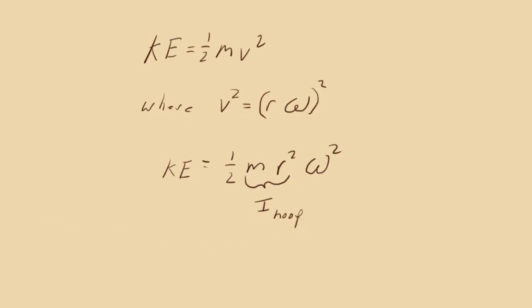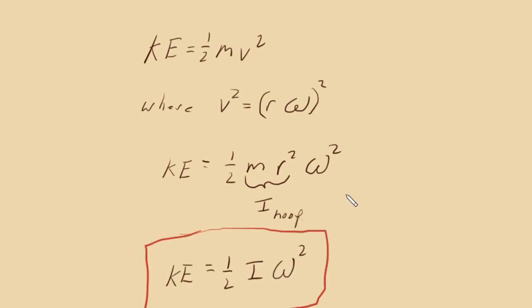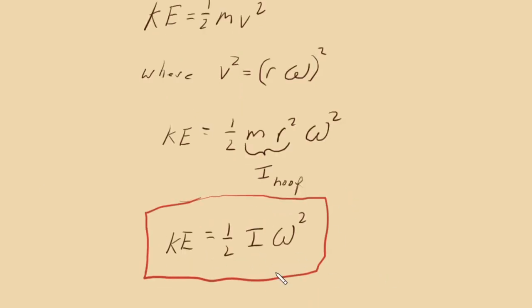And we could once again make the claim that we could replace this middle term, our I hoop, with any moment of inertia and find that our kinetic energy is going to be equal to 1/2 I omega squared, which shouldn't be too hard to remember because it's just our 1/2 angular mass times our angular velocity squared.